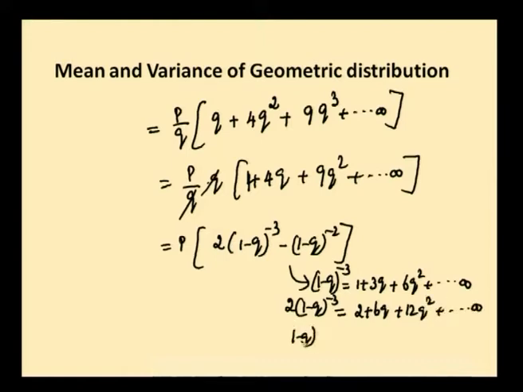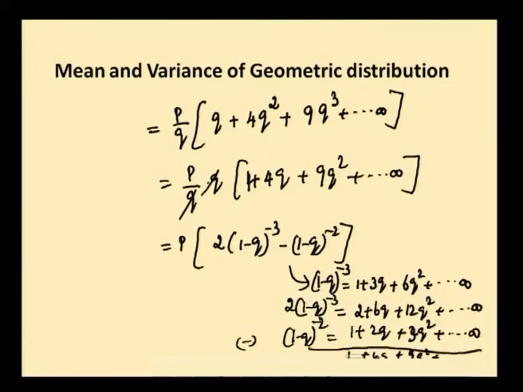What is 1 minus q whole power minus 2? 1 plus 2q plus 3q square plus etc. up to infinity. Just subtract this: 2 minus 1 is 1, 6q minus 2q is 4q, plus 9q square plus etc. up to infinity, and we have got this expression.